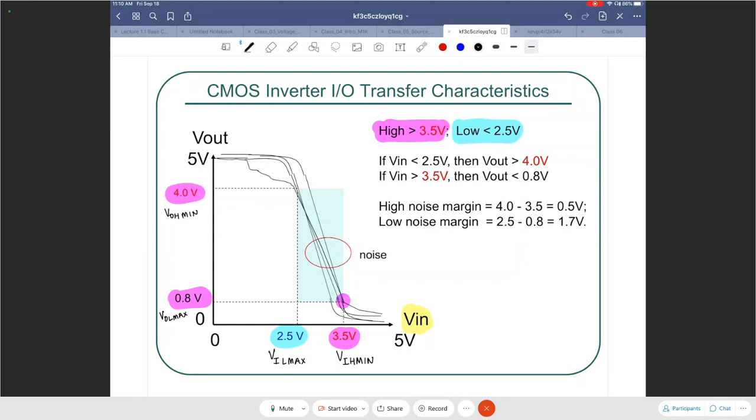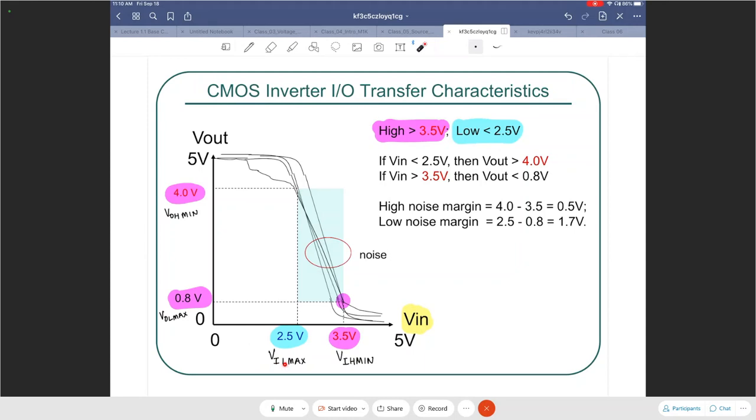Because I already have the formulas to calculate what the high noise margin and the low noise margin are going to be from before. So for high noise margin, using the same concept that we did before, I would just simply subtract 4 minus 3.5. Output high minimum and input high minimum, both the minimums. And then for the other case, low noise margin, I would take the lows.